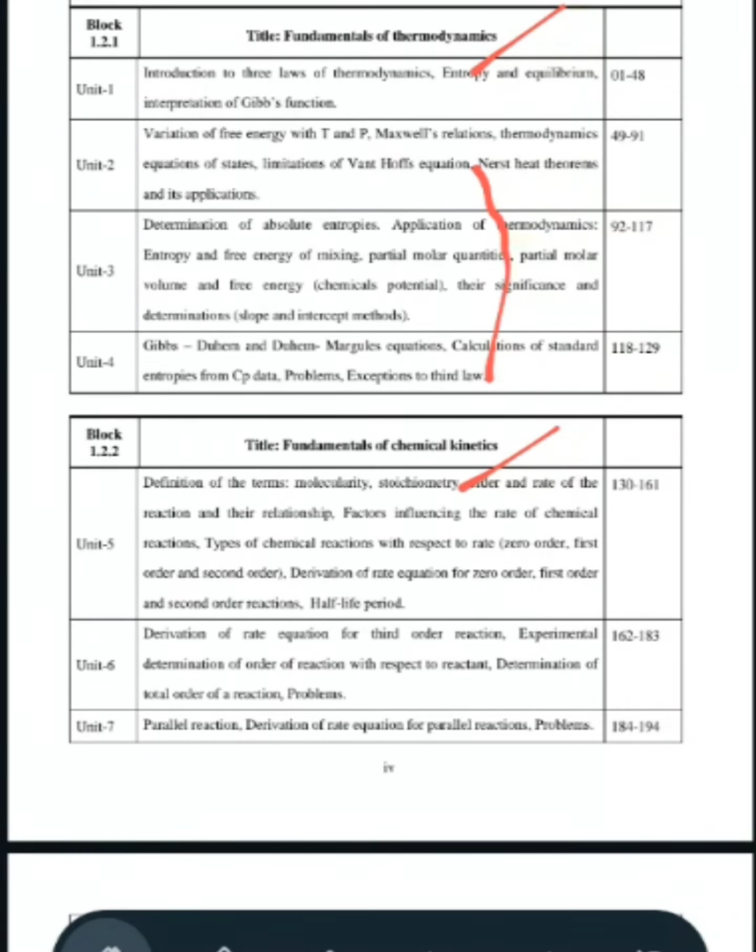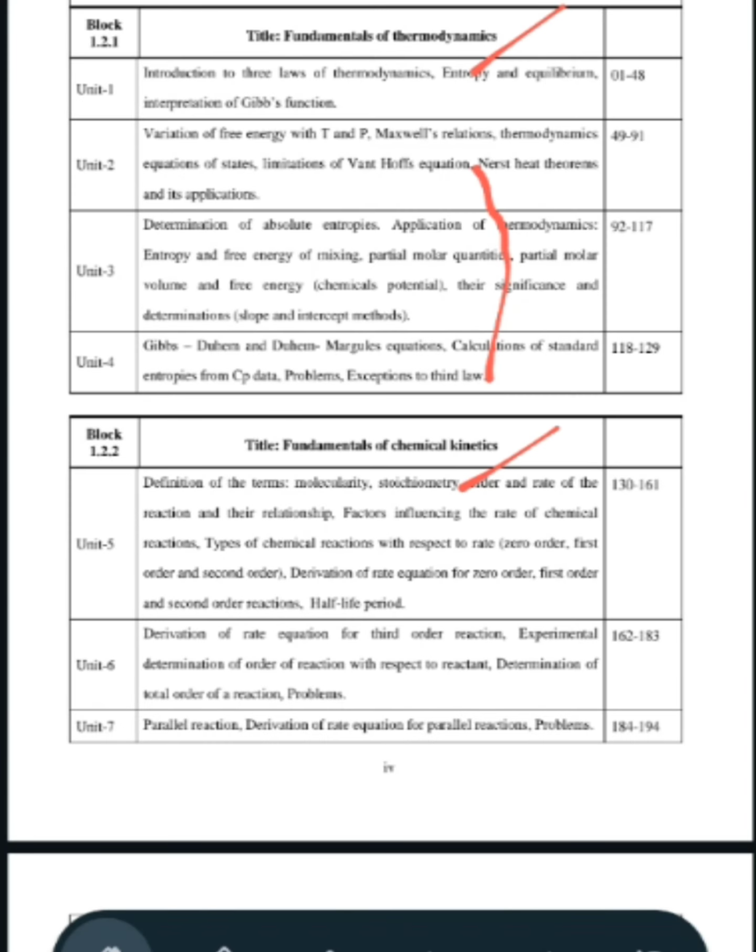So inside a system we are going to study the reaction with varying temperature, pressure, and volume. Thermodynamics is a branch of science which deals with energy. It is the relationship between the system and the surroundings that we are going to study.